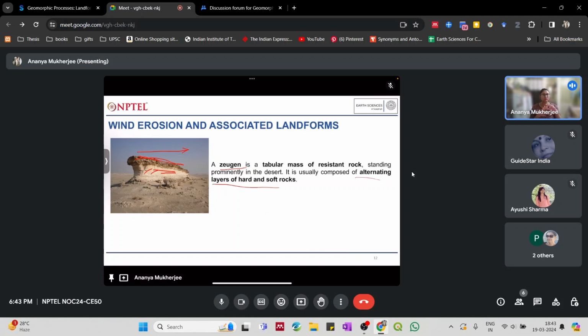The layers which have the soft rock are eroded much faster compared to the harder rock. So this is the harder strata and this is the softer strata. You can see how the resistance to erosion by the winds can affect the formation, structure and geometry of the features that we see.